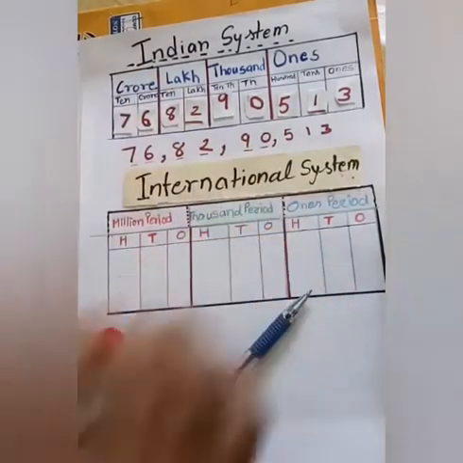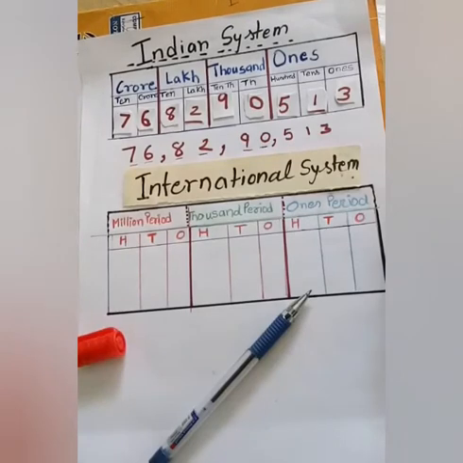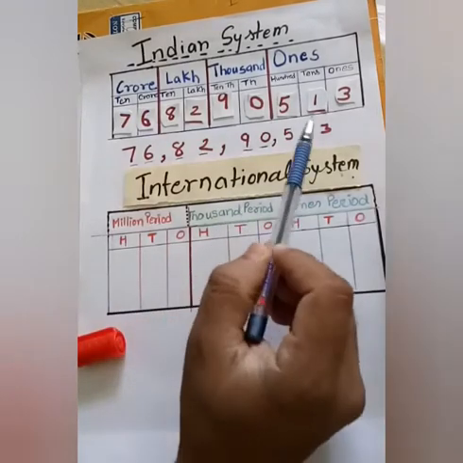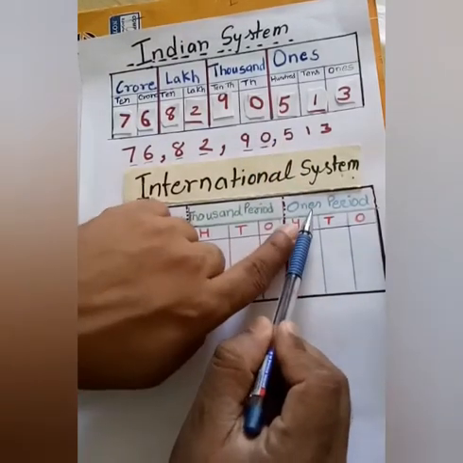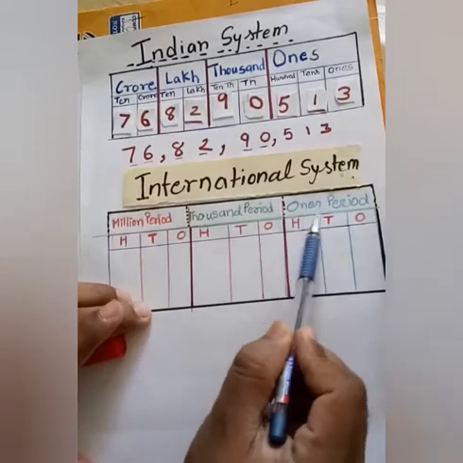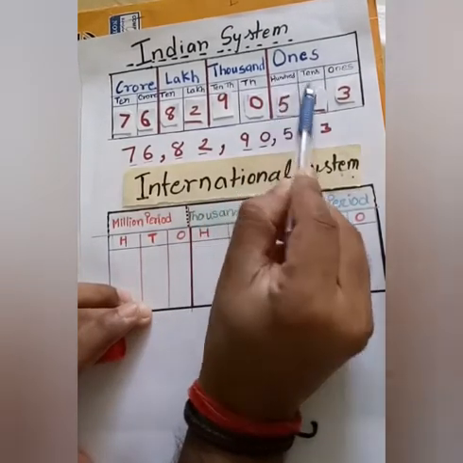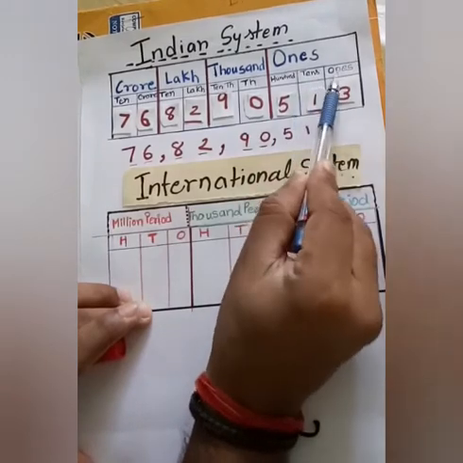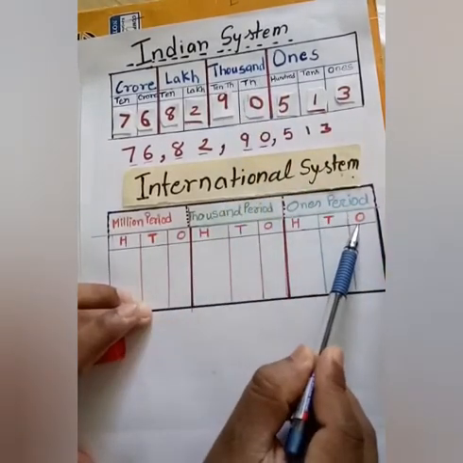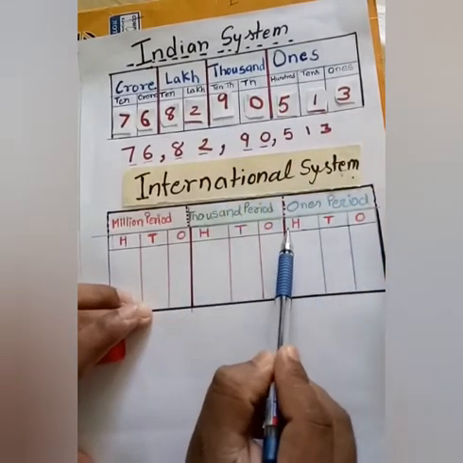Now we have this international system. It is a little different and has little different terms. The first column you can see here is called the ones period. Here we also have a ones period which contains three digits: ones, tens, and hundreds.